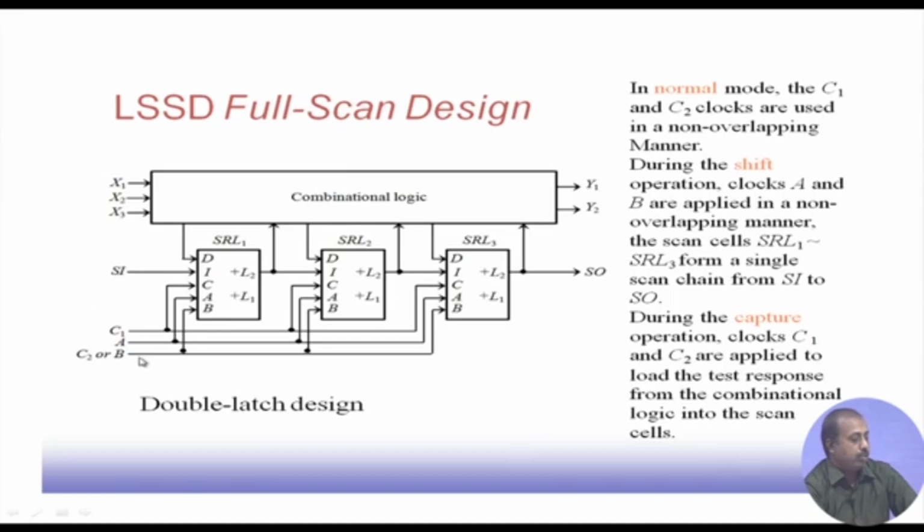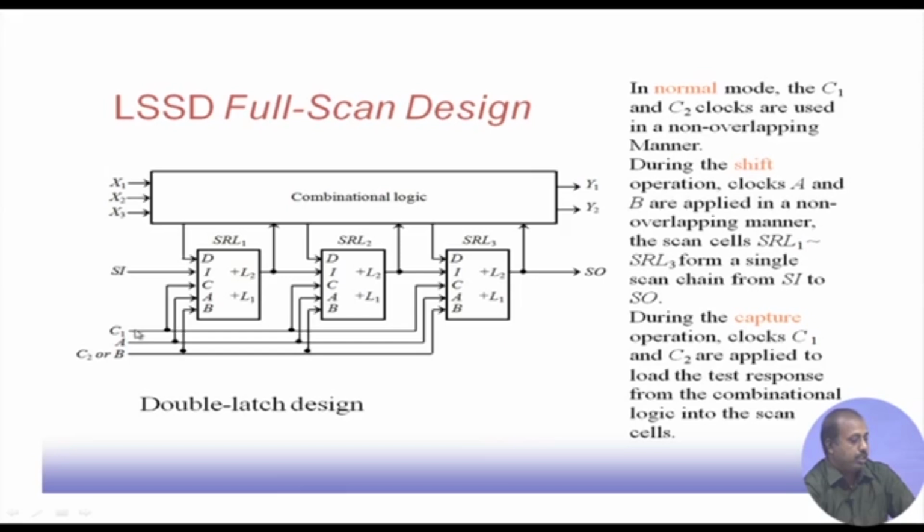C1 and C2 clocks are used in non-overlapping fashion, so that the data coming to the first latch is shifted to the second latch, and then it is available for operation in the combinational logic. During shift operation we will be using clocks A and B in a non-overlapping manner. The scan cells SRL1 to SRL3 will form a single scan chain from SI to SO.